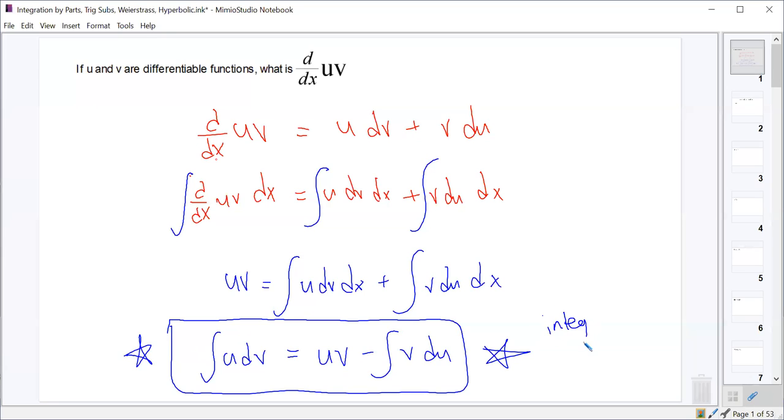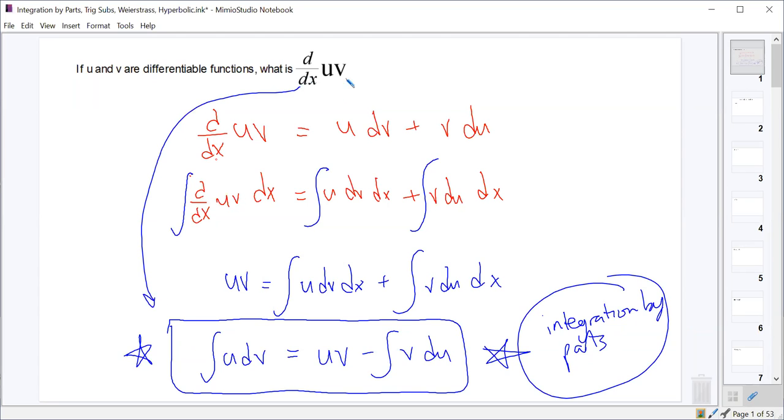This is a formula called the integration by parts formula, and it obviously comes from the product rule, just doing the product rule in reverse with some integrals. This is going to be the first of many new techniques that we're going to use to integrate functions this year. It's going to seem a little confusing at first, but does everybody agree that we could go from here all the way down to here just by following this series of steps to get that formula?